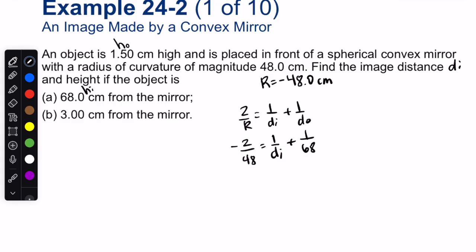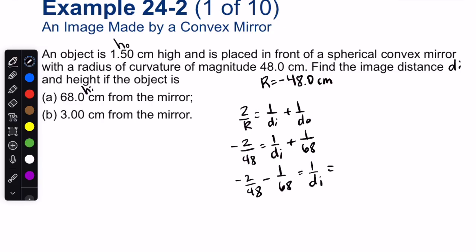We're going to solve for di. Negative 2 over 48 minus 1 over 68 will give us 1 over di. Be careful when you type this in your calculator. You have to put parentheses or else your fractions could get all wonky.